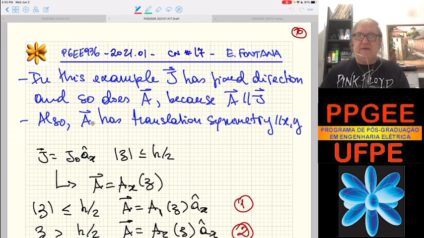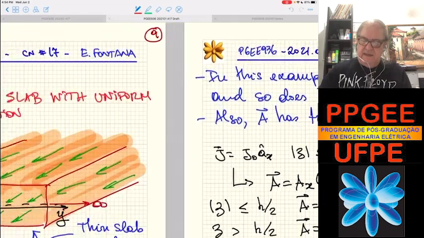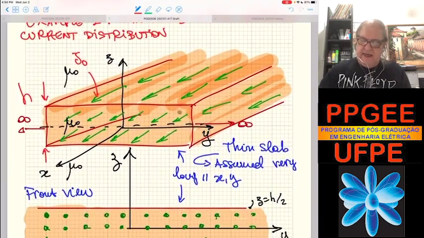Also, we have some symmetry in this problem: translation symmetry relative to the x and y coordinates. You can see that you have symmetry along the x direction and along the y direction, right?